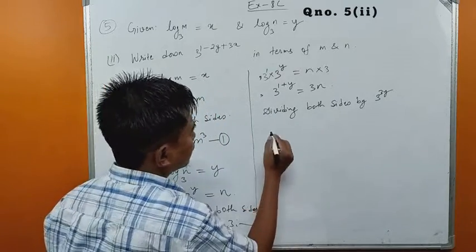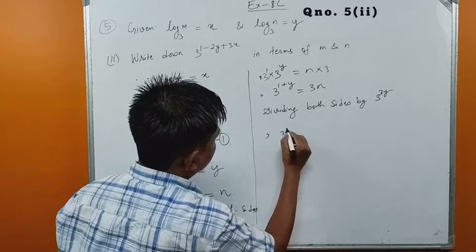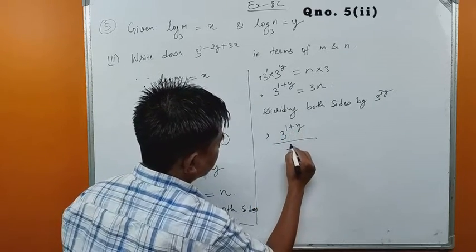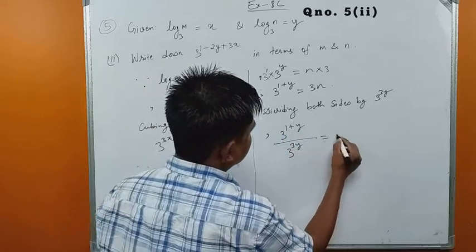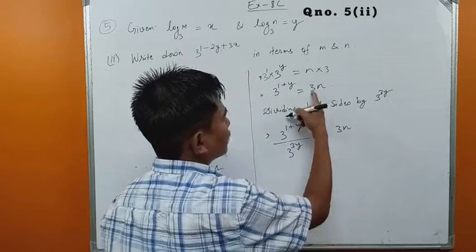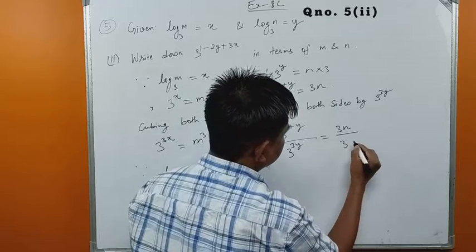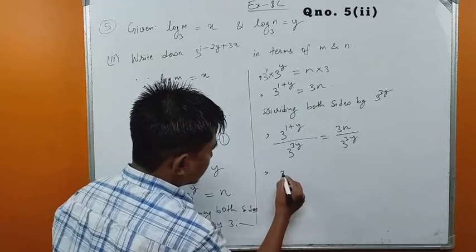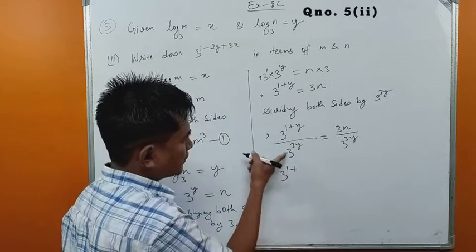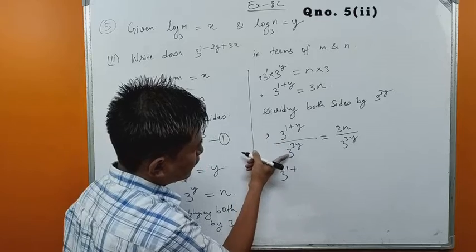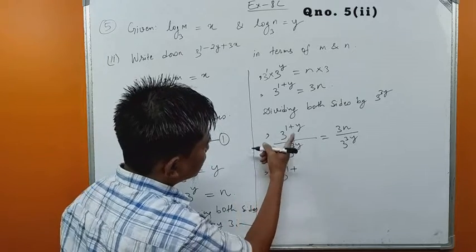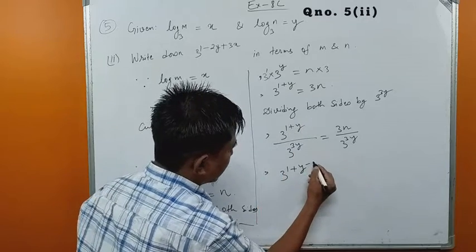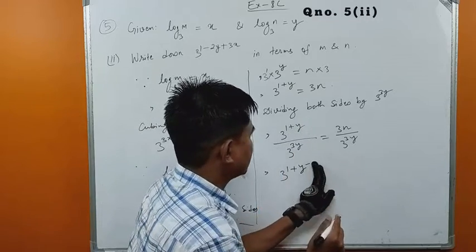Dividing both sides by 3 to the power 3y, we have 3 to the power 1 plus y on the left hand side upon 3 to the power 3y equals 3n divided by 3 to the power 3y. Since the bases are equal, this can be written as 3 to the power 1 plus y, and the 3y in the denominator goes to the numerator and subtracts, minus 3y.